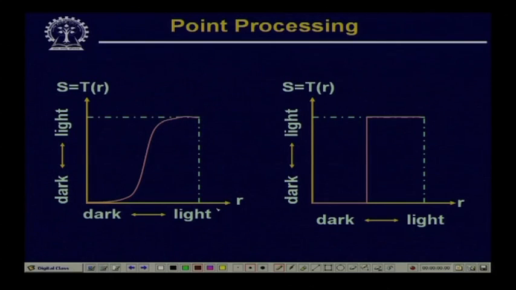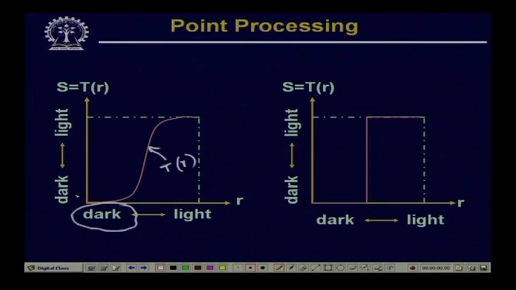Obviously they are related by s = T(r), and the transformation function is given by this particular curve. So, this is our T(r), and in this particular figure, the pixel values near 0 have been marked as dark regions.